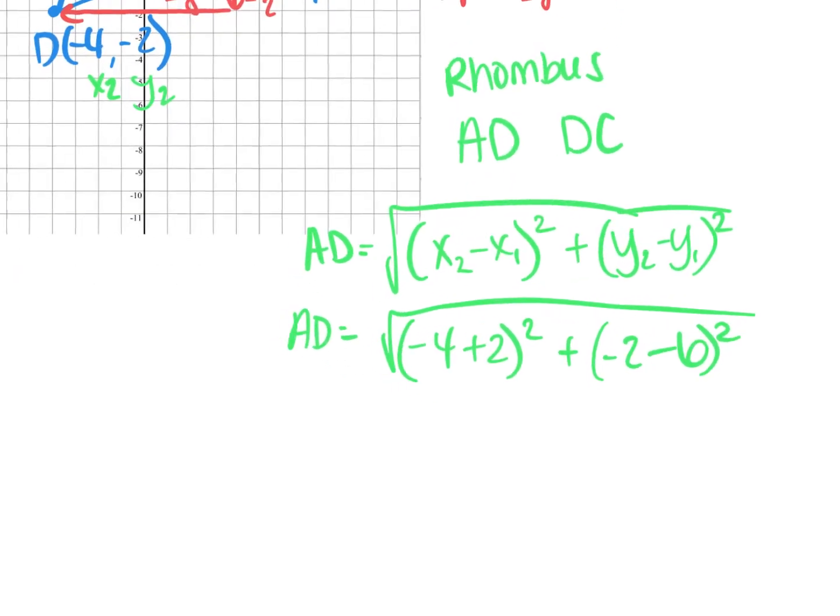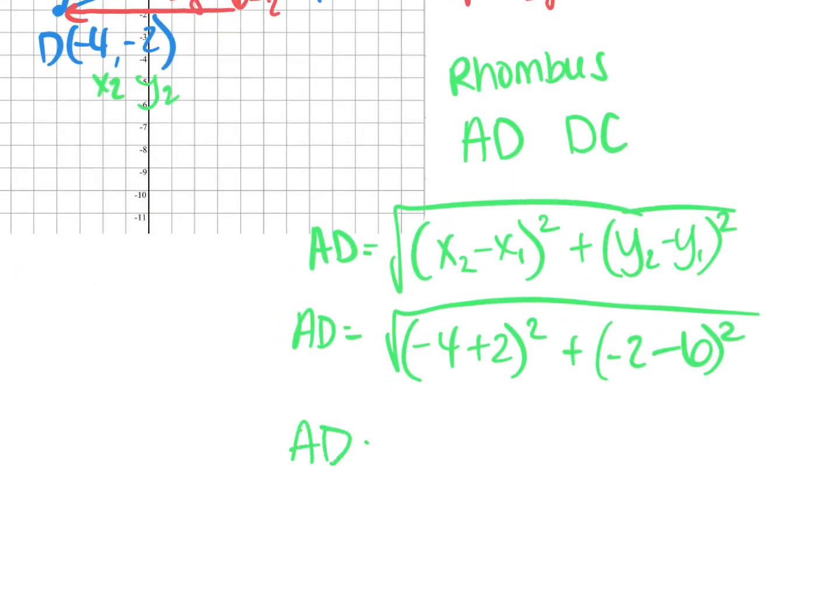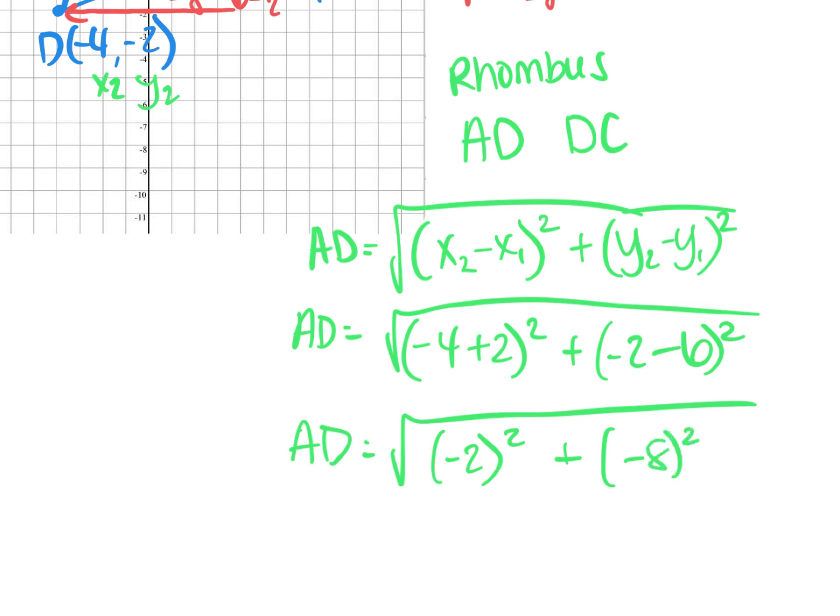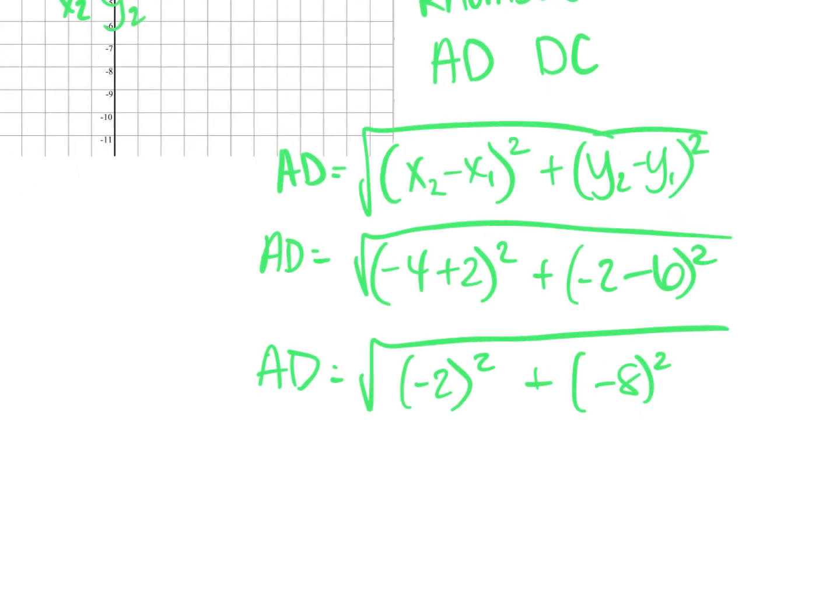So AD is going to be the square root of negative 2 plus 4, which gives me negative 2, and we're going to square it. And we're going to get negative 2 minus 6, which is negative 8, and we're going to square it. What is negative 2 squared? So it's the square root of 4 plus, what about negative 8 squared? 64, yes.